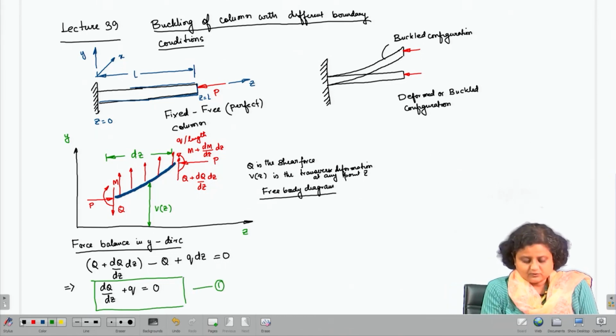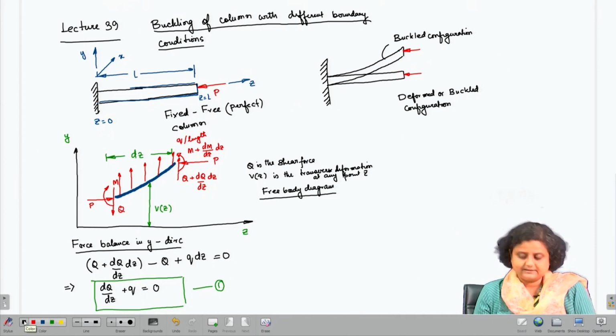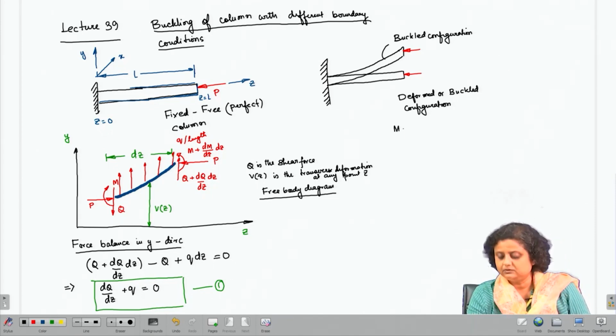Now, let us try to write down the moment balance equation.